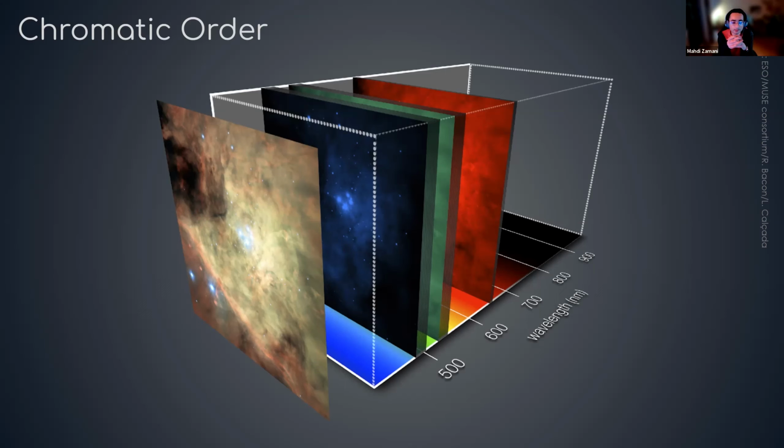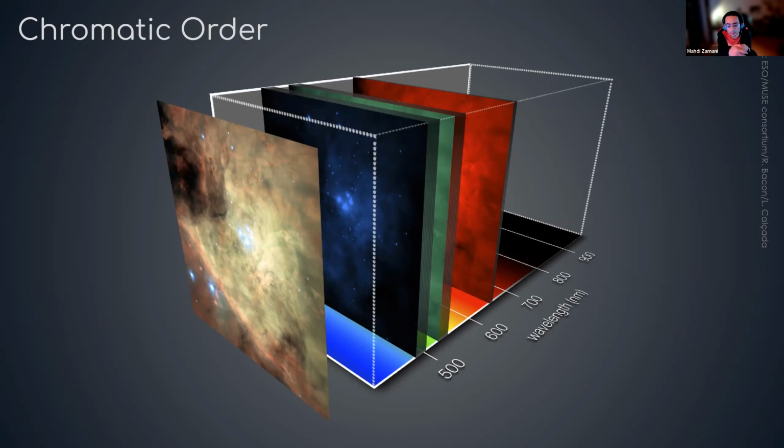In this case, of course, these are the same colors that human eyes would have seen, because the filters exactly correspond to colors as human eyes would perceive. This is called chromatic order: colorizing the filter with the lowest wavelength blue, the highest one red, and the middle one green.